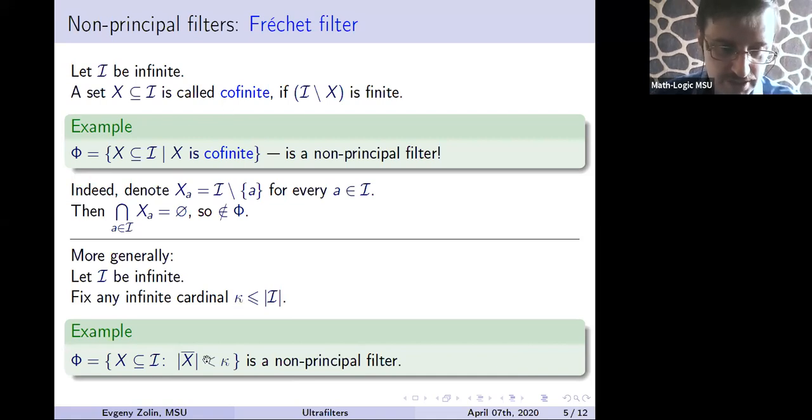So the first example is, of course, a special case of this example. Simply take kappa to be the cardinality of the set of natural numbers, omega. So cofinite means that the complement has cardinality less than omega.